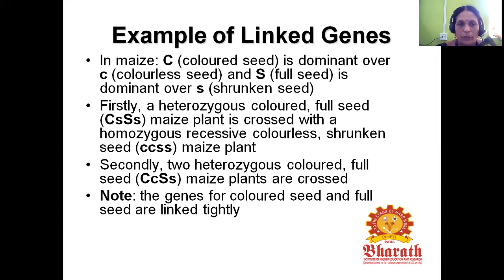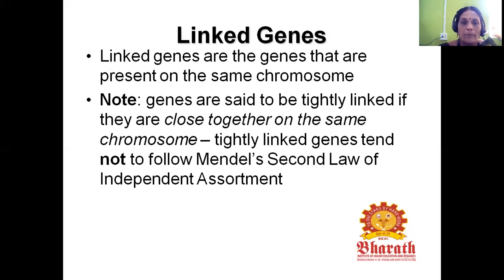Firstly, a heterozygous colored full seed plant, capital C small s, is crossed with a homozygous recessive colorless shrunken seed plant, small c small s. Secondly, two heterozygous colored full seed plants, capital C capital S, small c small s, are crossed. Note that the genes for colored seed and full seed are linked tightly.